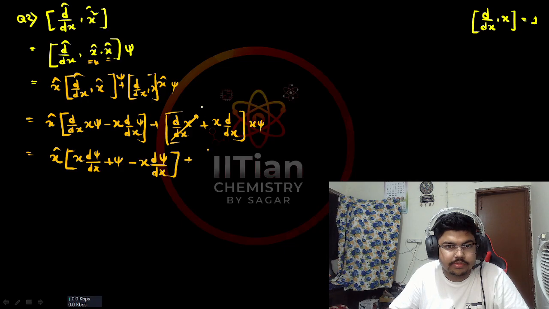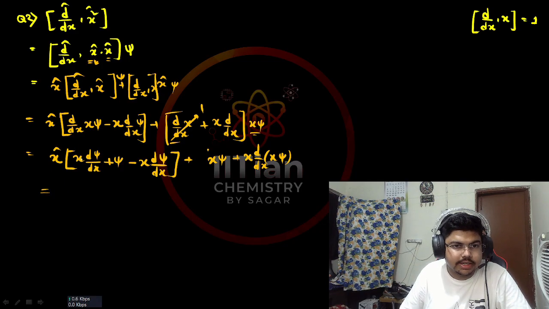This is basically dx means 1, so 1 into x psi, that means x psi, 1 into x psi plus x into d/dx of x psi, isn't it?